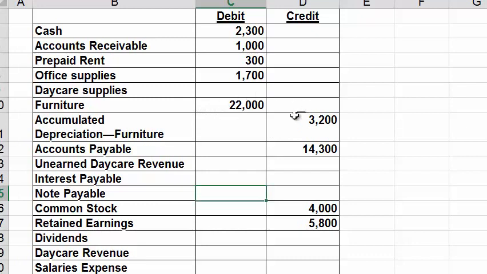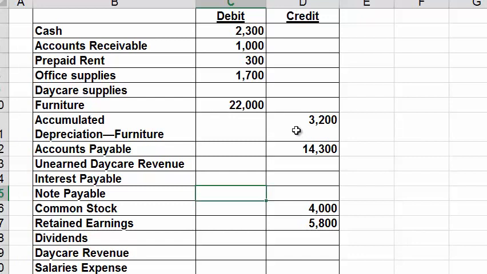So this accumulated depreciation account reflects the amount of the original cost of $22,000 that's been expensed as depreciation expense so far over the life of the furniture. So we don't know when they bought the furniture, but in the years prior to December 31st, year 2, they've recorded $3,200 of depreciation expense in total cumulatively.